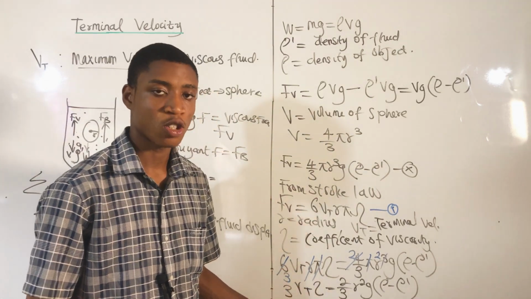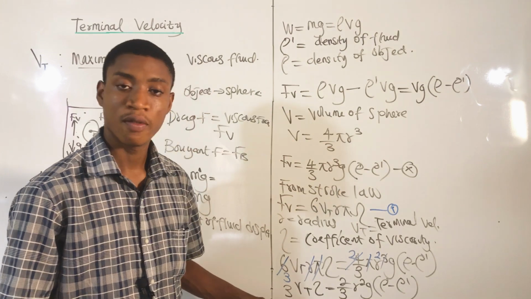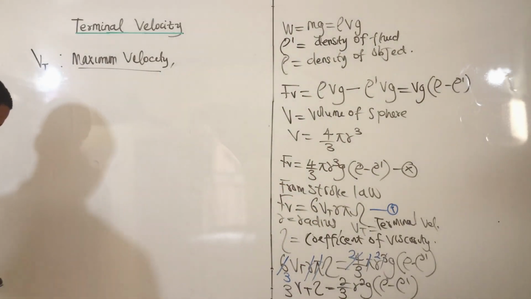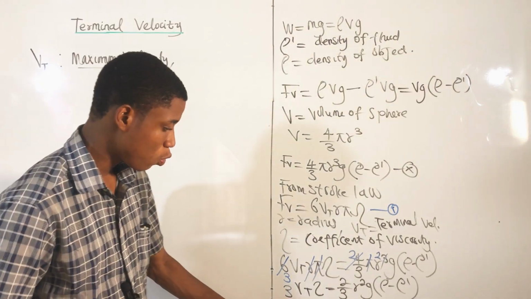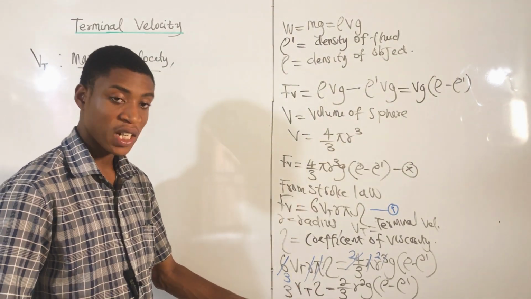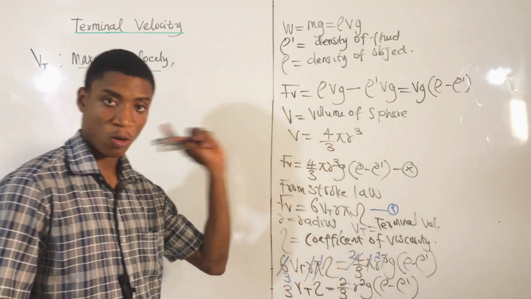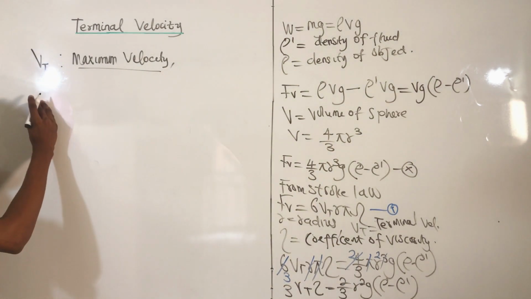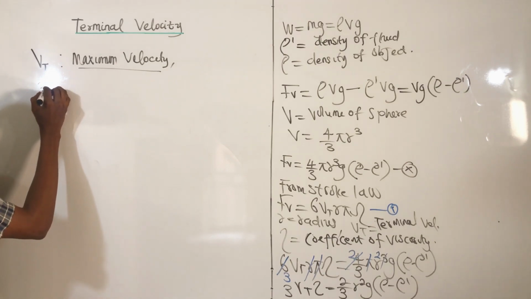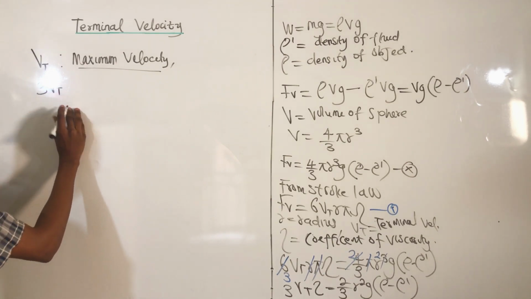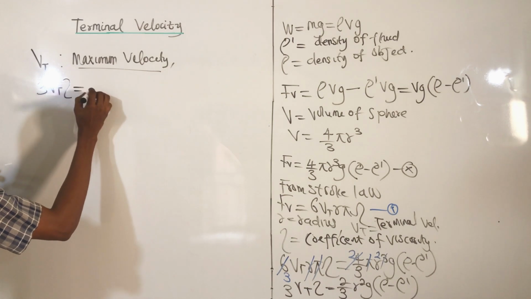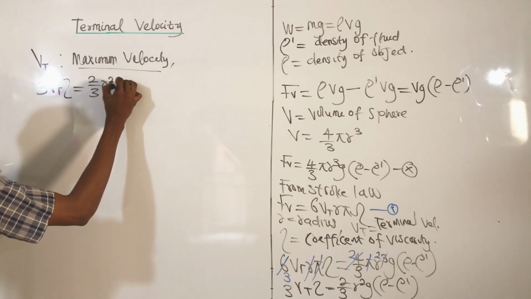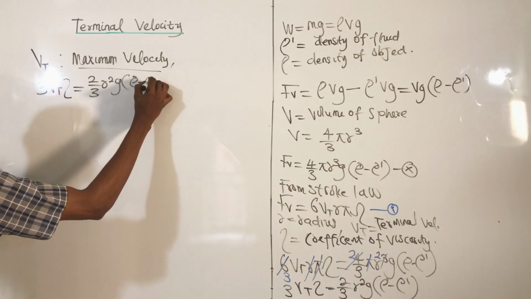At this point, I'm going to make Vt the subject of the formula, which is the terminal velocity. But before we do that, let's move what we have here to the other part of the board. So you have 3 Vt times the coefficient of viscosity equal to 2/3 rho square g rho minus rho prime.